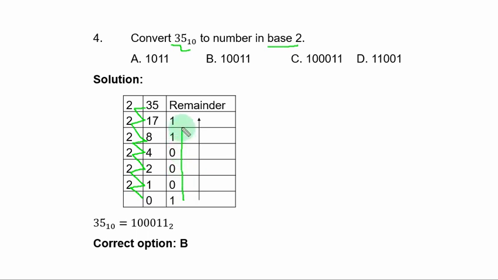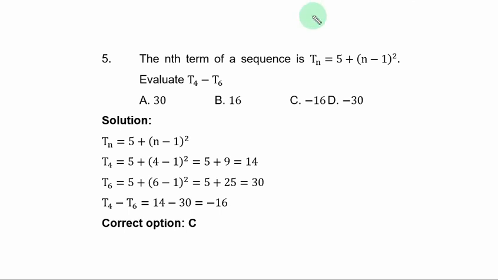So you have 1, 0, 0, 0, 1, 1, base 2. Okay, 1, 0, 0, 0, 1, 1. C is the correct option, not B. Question 5.